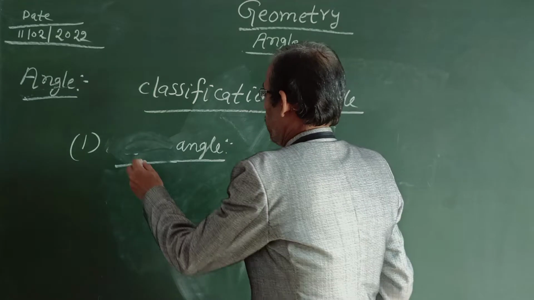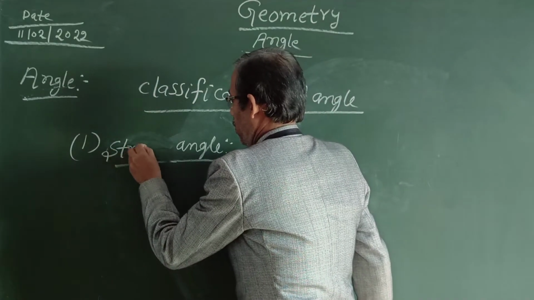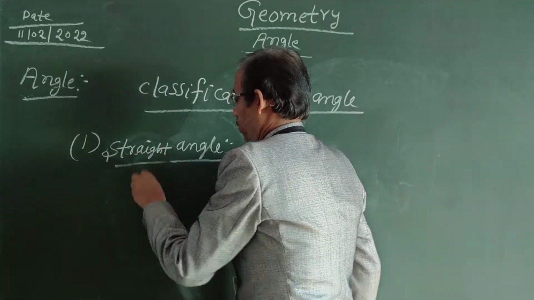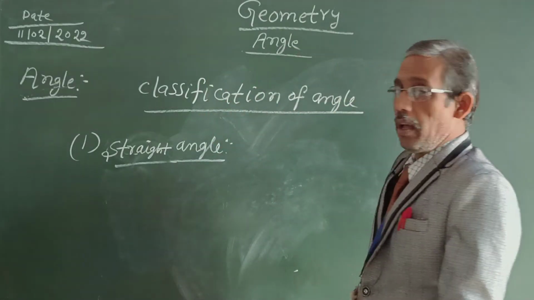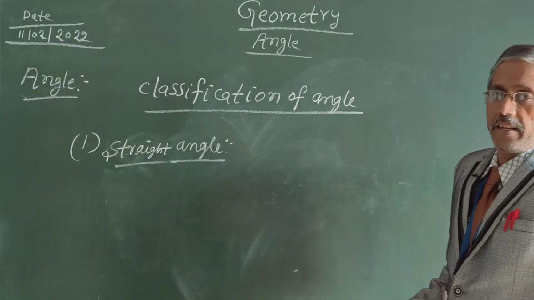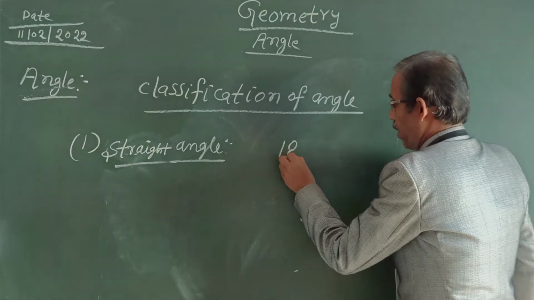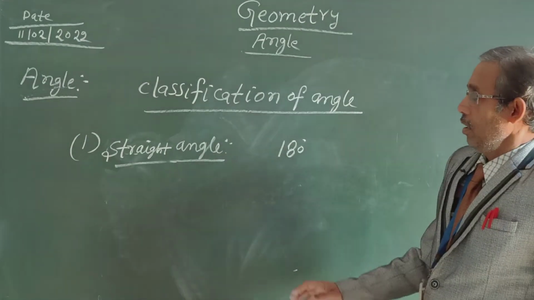Now, straight angle. An angle whose measure is exactly 180 degrees is called a straight angle.